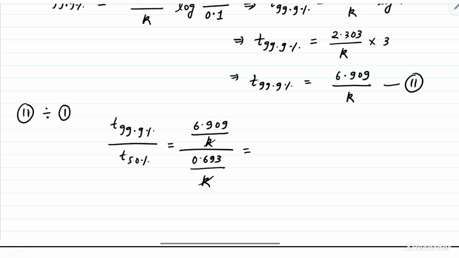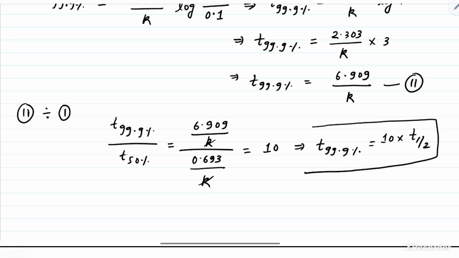So we have it equals to 10. That means T 99.9% is equals to 10 times of T half. Hence proved. So in this way you can prove any question, but these are the formulas also. Thank you.